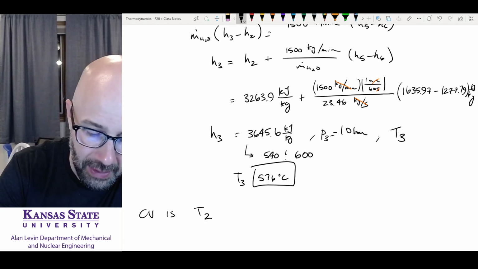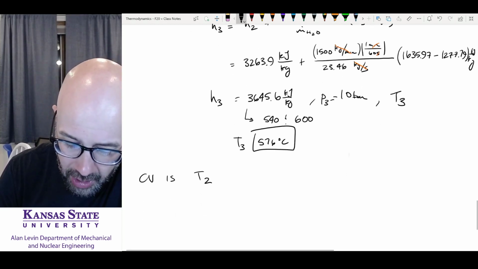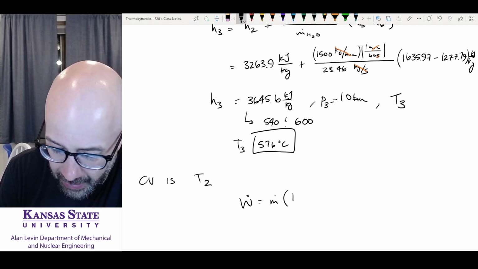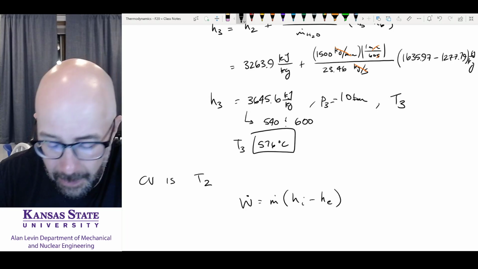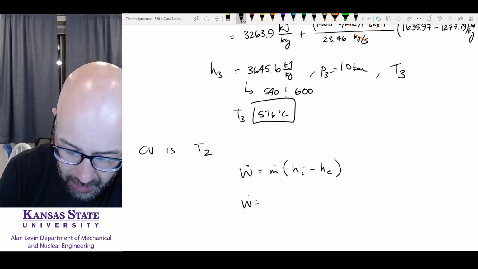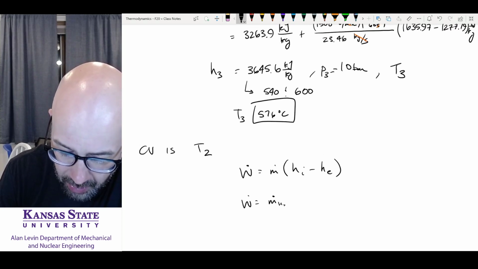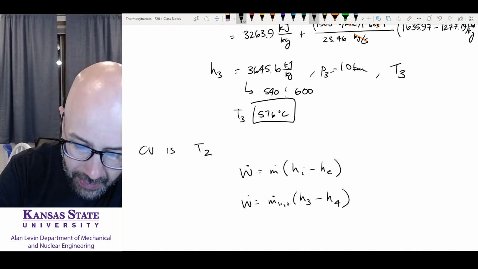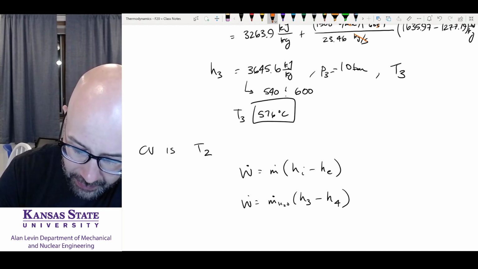So I don't really have to rewrite my energy equation. I can just say that W dot is going to be equal to m dot times h in minus h exiting. And here, W dot is equal to the mass rate of my H2O times my h in, which is H3, minus my h exiting, H4. And we just found H3 up here.